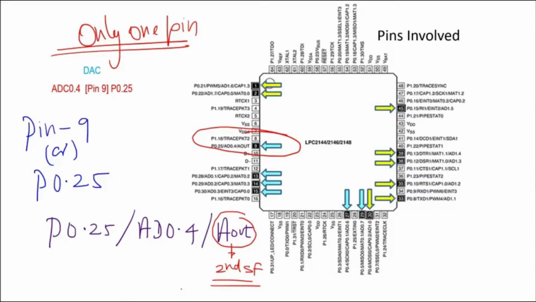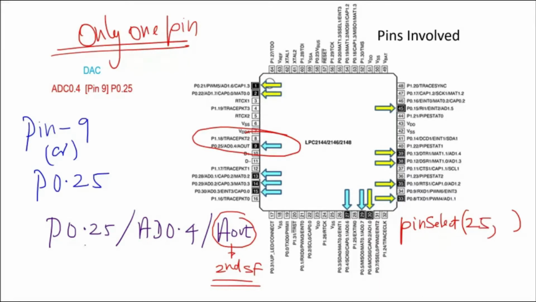As usual, in using any peripheral device, the first job is to convert that particular pin, which is pin number 9 or port 0.25, into the analog output or digital to analog converter pin. So we have to call our pin select. What is the parameter I would pass? I would pass 25, which is port 0.25, the 25th pin.